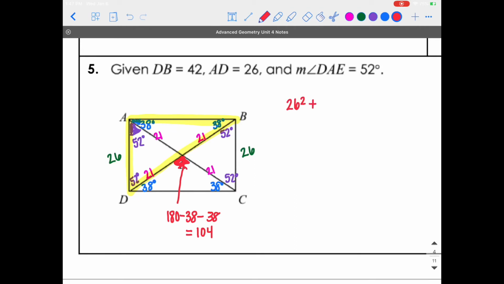26 squared plus B squared equals 42 squared. Because we have a 26. This is the other missing leg, and this leg is 42. 26 squared is 676 plus B squared. 42 squared is 1764.